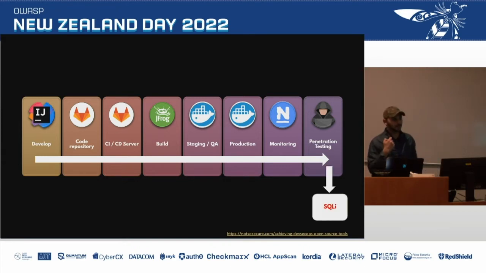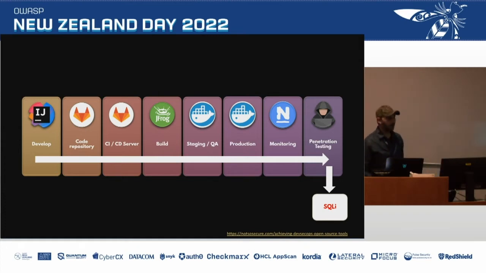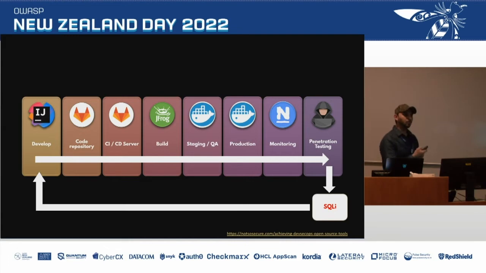Now see, from that pen test, the pen testers found a SQL injection, right? There's a SQL injection vulnerability that came up from that pen test. Now, we will go back to our development to fix that vulnerability. And as you can see, we waited so long to get that feedback, right?